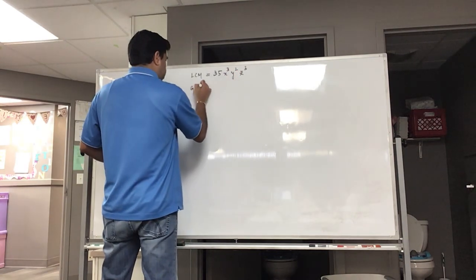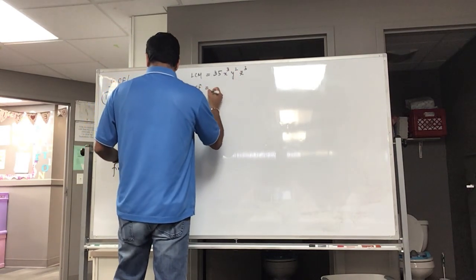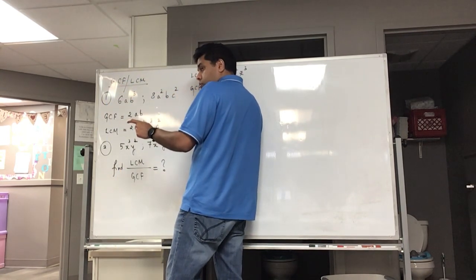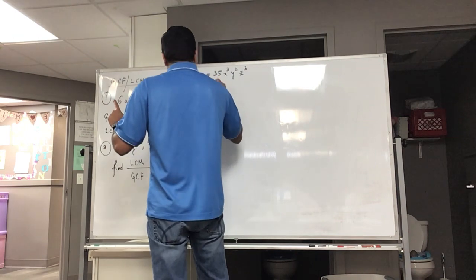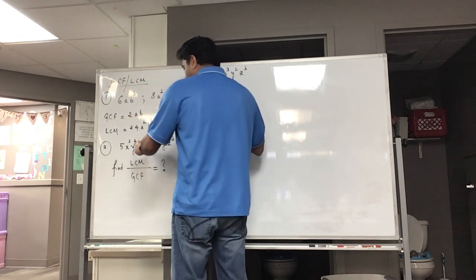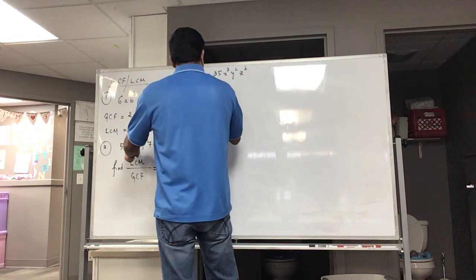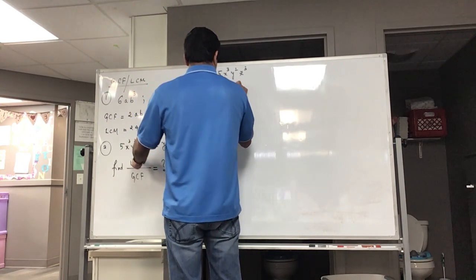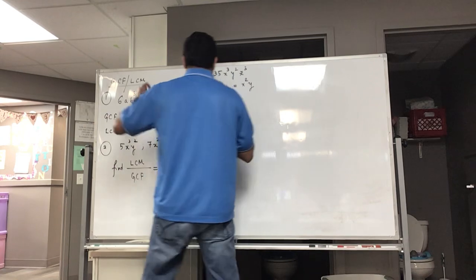And greatest common factor. So 5 and 7, what's the common between those? 1. Of course, we don't have to mention it, it's understood. x squared, y, so it'll be x squared y is the greatest common factor.